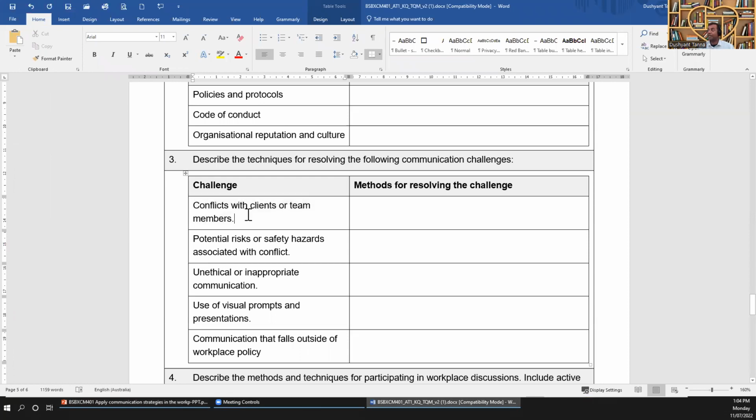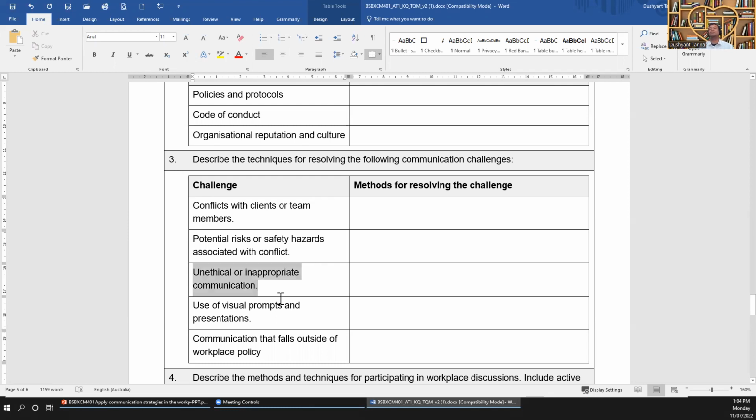Again, let's repeat that. Techniques for resolving some communication challenges. Number 1, conflict with team members or clients. If you have a problem with team members, how do you resolve it? Any potential safety hazard, how do you resolve it?